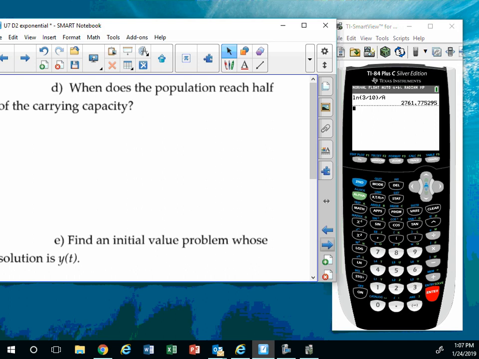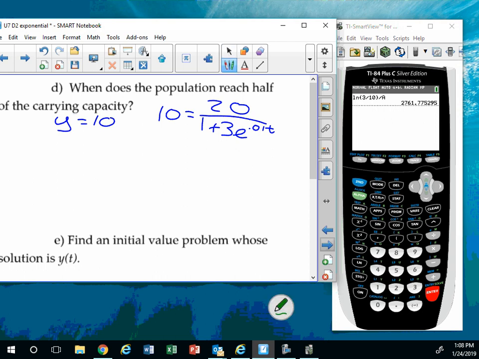When does the population reach half of its carrying capacity? So when does it reach 10? So when is the equation equal to 10? So 10 equals 20 over 1 plus 3 e to the negative 0.01 t.